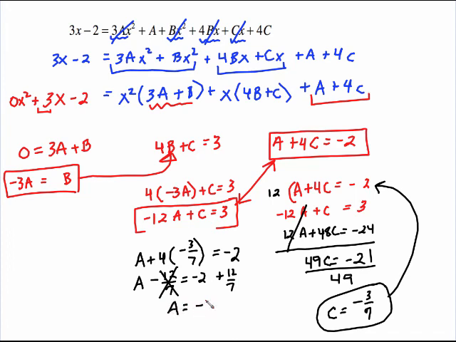And this will give me negative 2/7. Use your calculator to do the fraction arithmetic if you need to. So I have values for A and C. To get a value for B, I'm going to plug my A value right here. So this is negative 3 times negative 2/7 equals B. Multiply, that gives me 6/7 equals B.